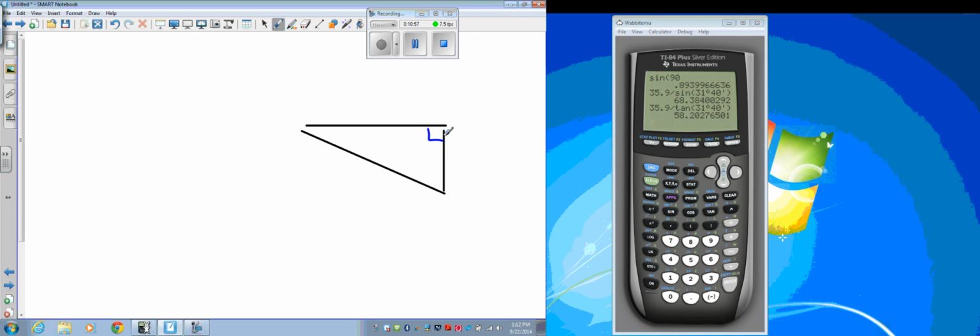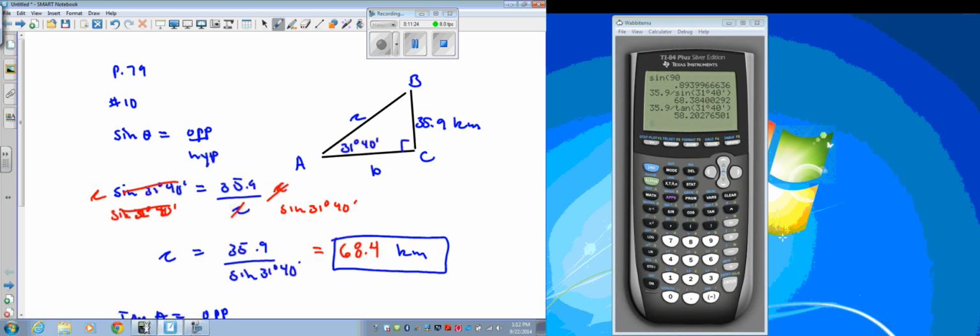This is a right angle, CB. Now we're going to have to calculate this angle and this angle. Oh, by the way, I think this one here, we can calculate this angle up here, which I didn't do. You did.